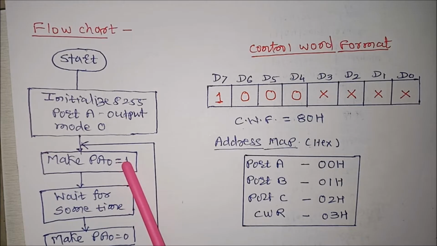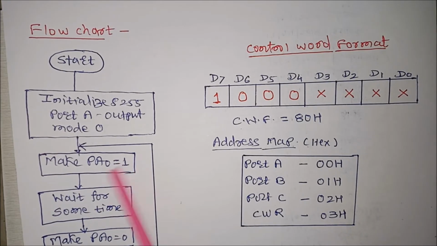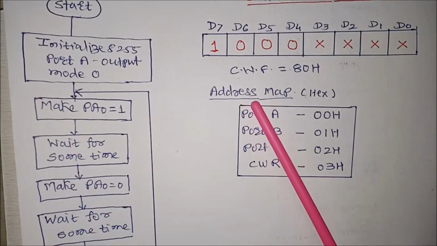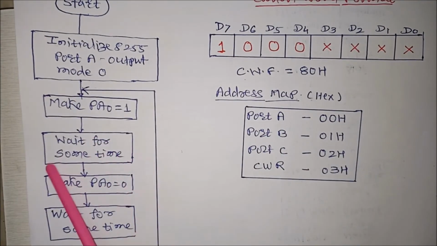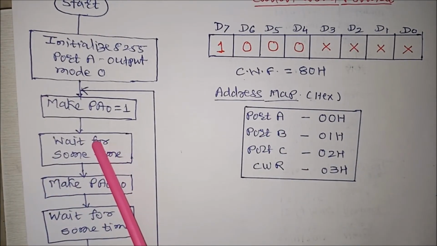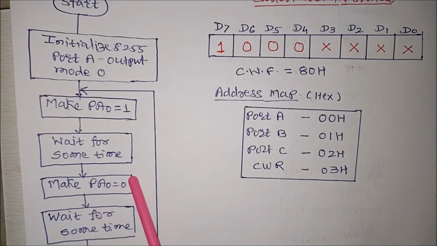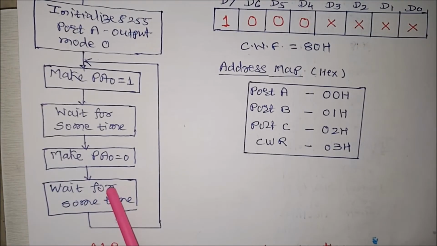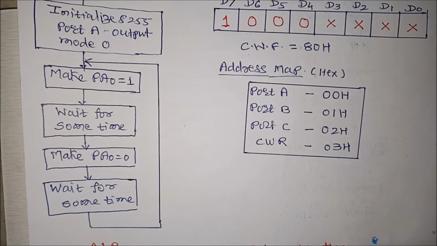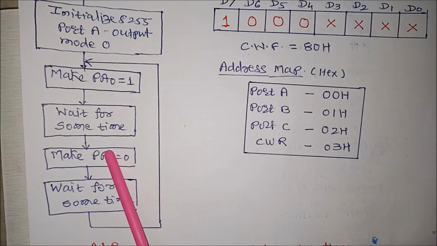The LED should be on for some time, so we will call a delay routine. After that delay, how to turn off the LED, that means making the PA0 line equal to 0, and again waiting for some time, and how to repeat this loop so that I can have the LED on and off.